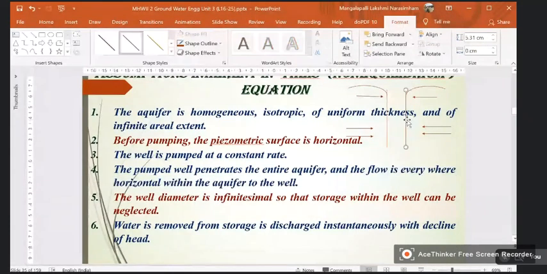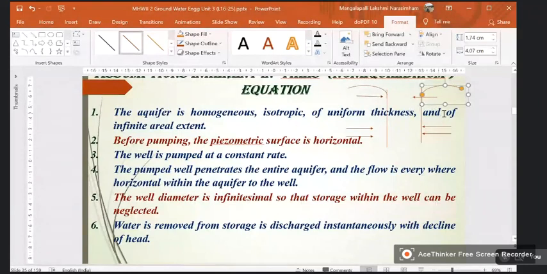Then the well diameter is infinitesimally small. That means the diameter of the well is small, so that storage within the well can be neglected. If the well diameter is large, then there will be storage in the well, some additional, because some inflow will be coming and some outflow will be there.